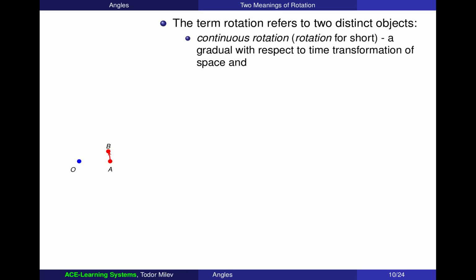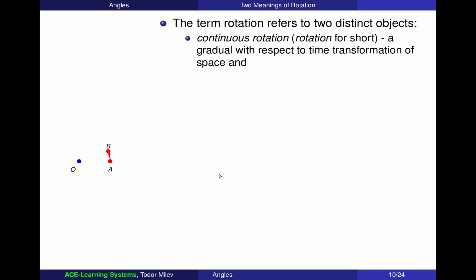The first one is the notion of a continuous rotation. This is a gradual, with respect to time, transformation of space. What you should think of is this point here. Here's the point B. And you should think of that point as it travels through time.